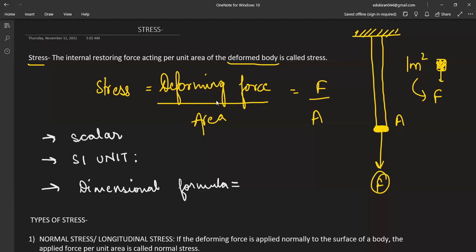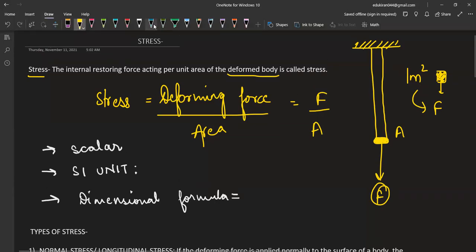Now, SI unit. Yes, Martin, what should be the SI unit? What is the SI unit of pressure? Pascal. Yes, very good, pascals. So basically, the SI unit of force is Newton and the SI unit of area is meter square.